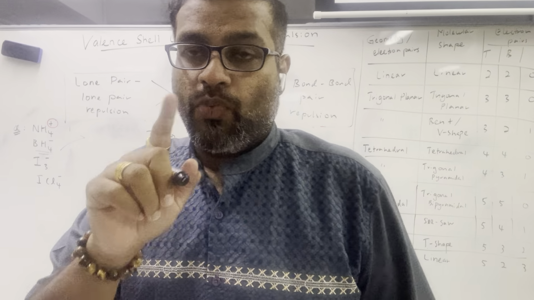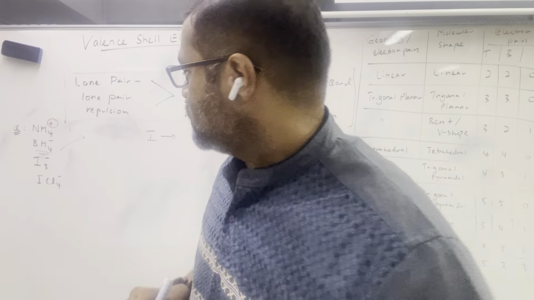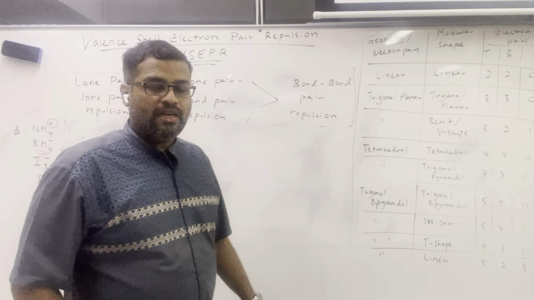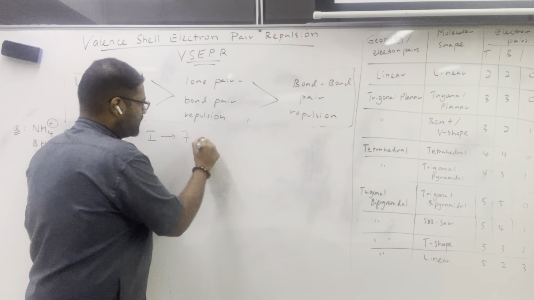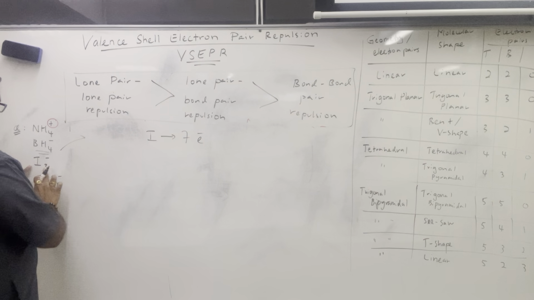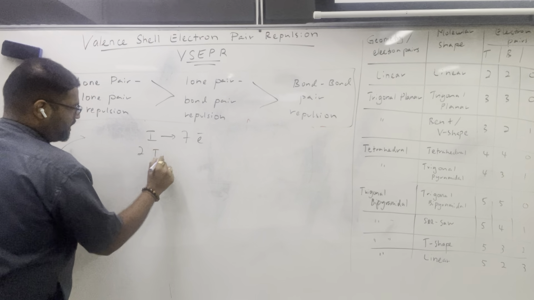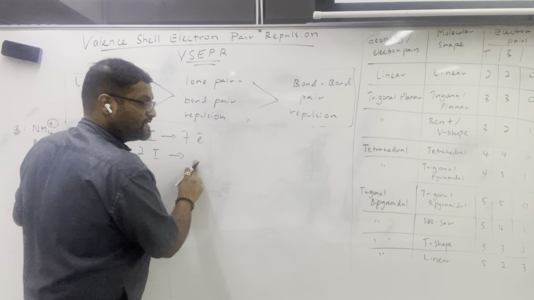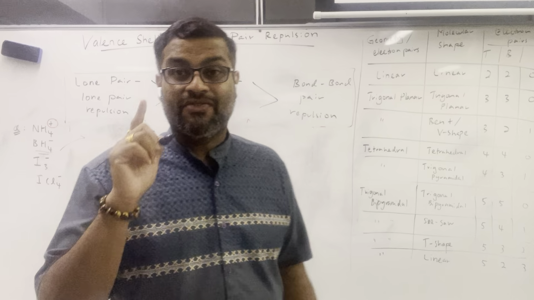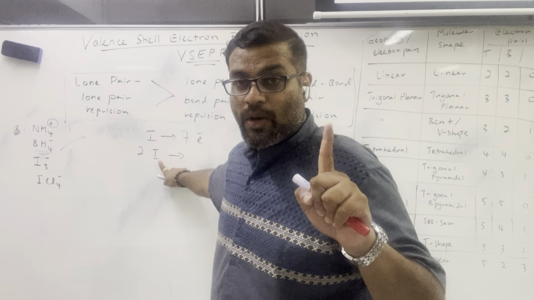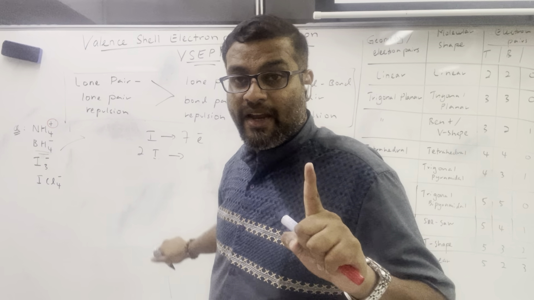One central atom, we need to look for the valence electron. Since iodine belongs to the halogens, it has 7 valence electrons. After the central atom, you have 2 iodine atoms, and their valency is 1, so we are not going to look into the valence electron anymore. For the 2 side atoms, we need to find the valency.